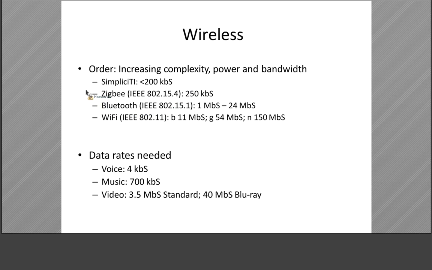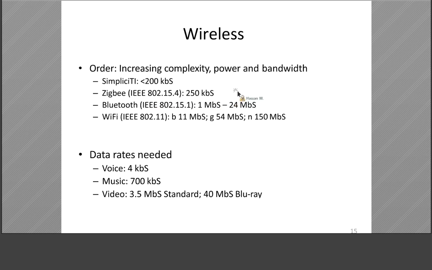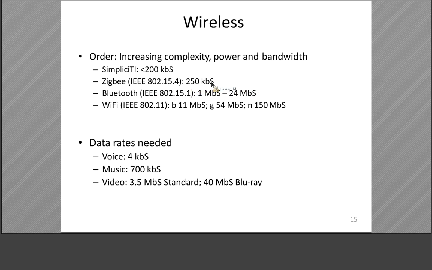Here Zigbee is very used in IoT situations, the Internet of Things. Zigbee is, for example, 250 kilobit per second, and beyond this there is more power consumption and more bandwidth.